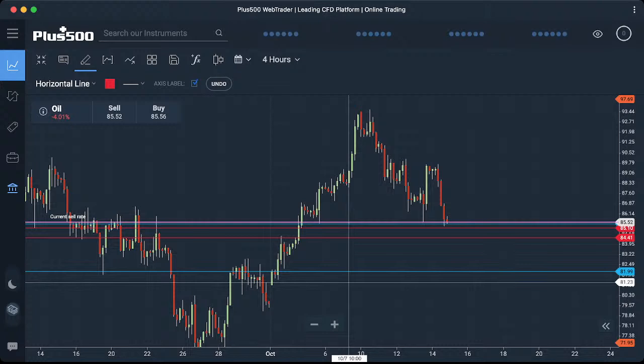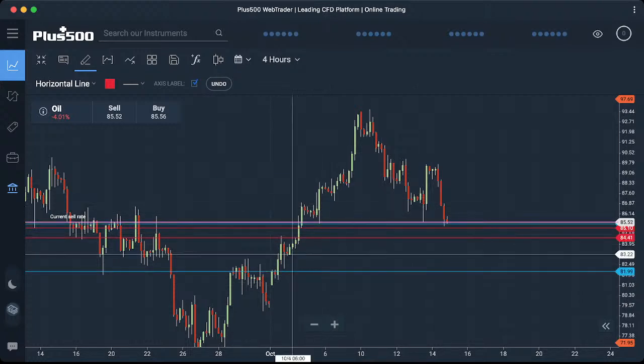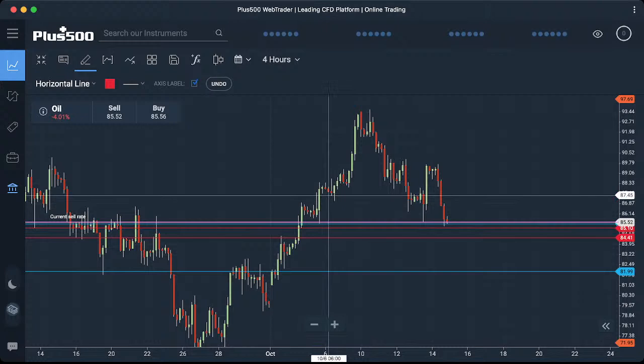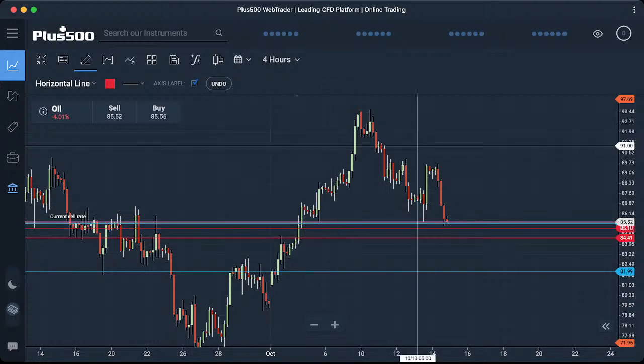As I mentioned, these are the levels that market makers are looking at: fair value gaps, liquidity void, order blocks, rejection block, breaker block, previous high, previous low. These are the levels which you have to pay attention to when you are trading and when you are looking for either buy or sell.